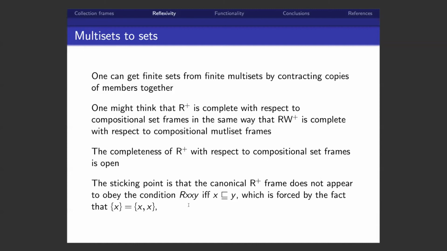That's because set frames impose a condition on the standard translation, which ends up coming out of the set frames, forced by the fact that we have this set relation, this thing from set theory. And it looks like the canonical R frame does not obey that. There are R frames that do not obey this condition, and the canonical R frame appears not to obey it. And so that question is still open.